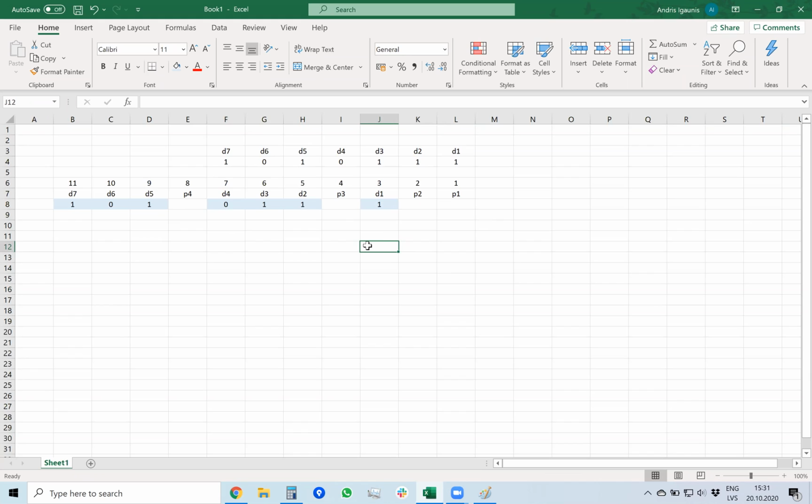And now let's calculate parities. So parity bit number 1 will be in all locations which are odd numbers. So it is equal to, and how do we calculate XOR in Excel? I think we can do it.